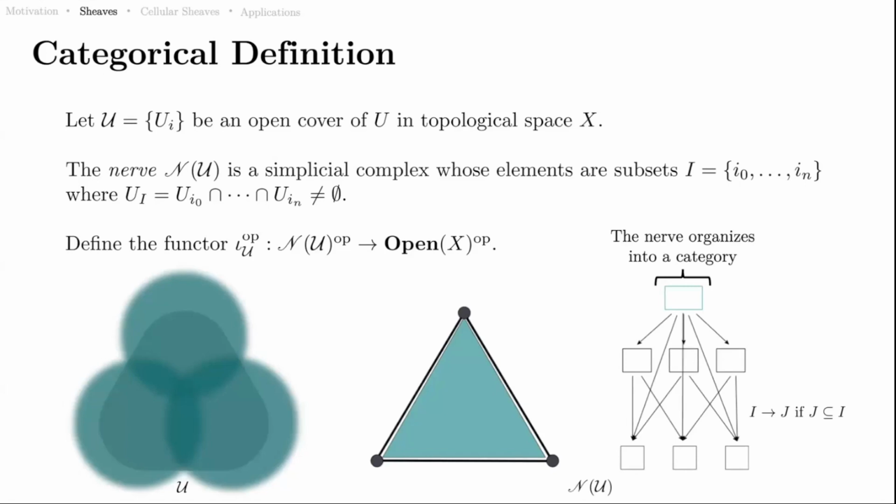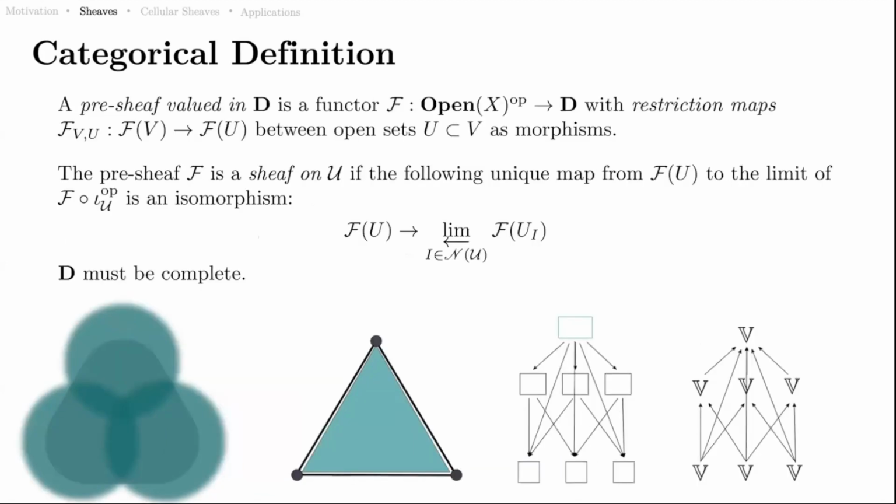We're going to assume we can take the nerve of this cover and define this iota functor, which is going to take us from the opposite category of the nerve, viewed as a category, into the category of open sets on X, or the opposite category. Okay, so this is just going to give us a way to move from open sets into more of a cellular or nerve-like definition.